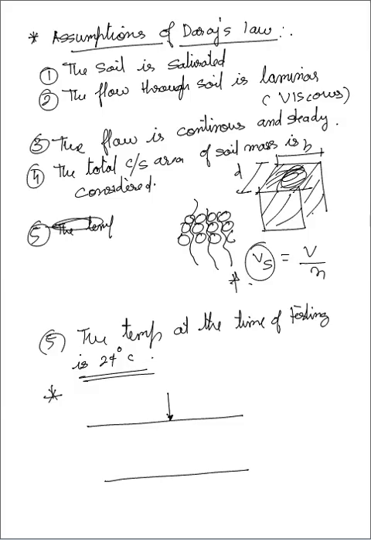Suppose this is your ground level, and suppose one concentrated force is Q and this is distance Z. Whenever you want to find the stress due to a single concentrated force, suppose this is the radial distance R. Then we can find it using the formula sigma Z is equal to 3 by 2 pi, Q by Z square, into 1 upon [1 plus (R by Z) whole square] whole raised to 5 by 2.